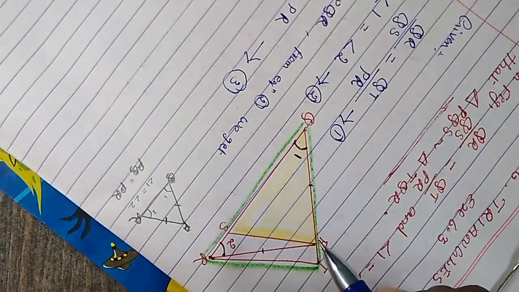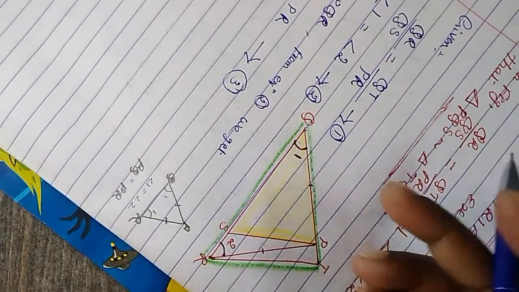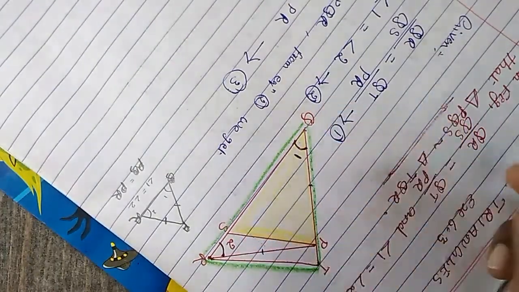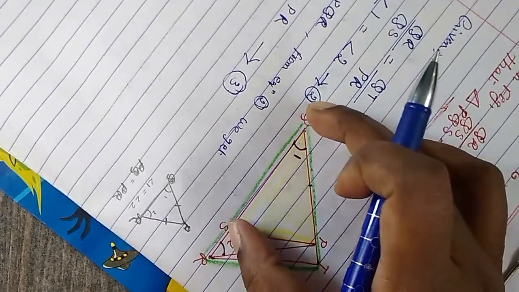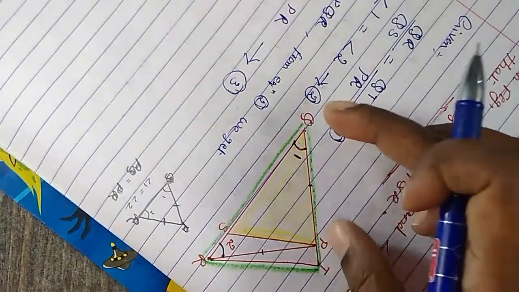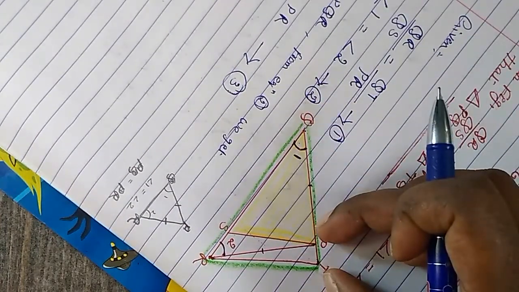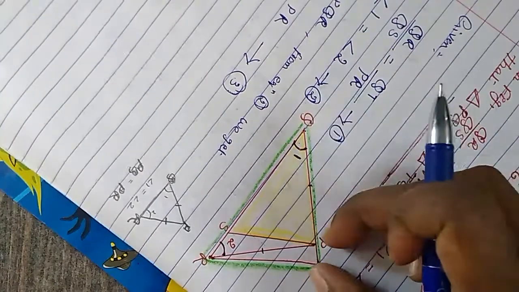Okay, so now in this the ratios are given. The ratio already given is QS upon SR, and here you have QP upon PT. This is the ratio you have.